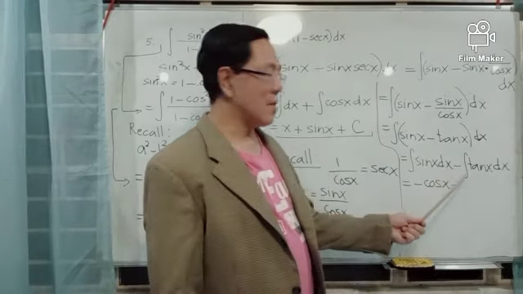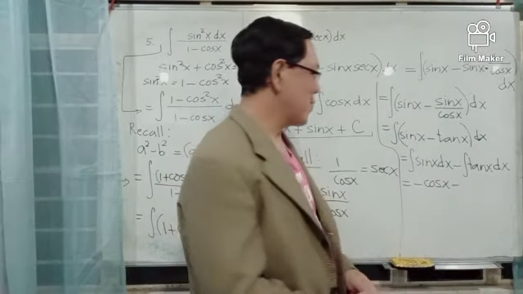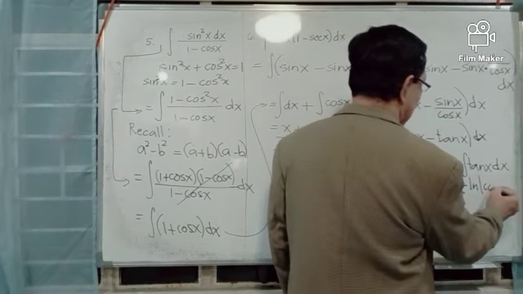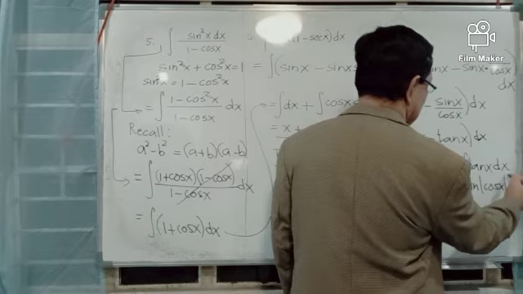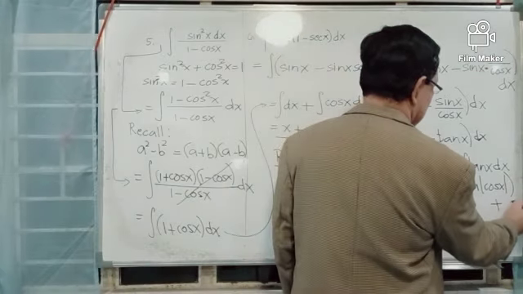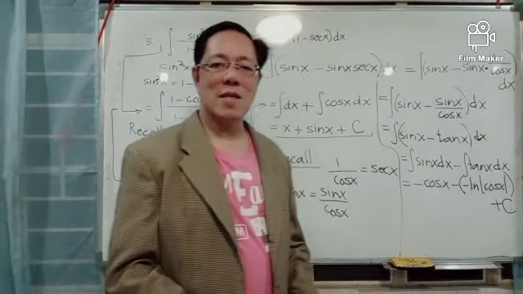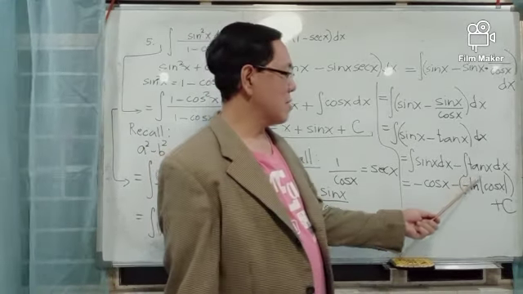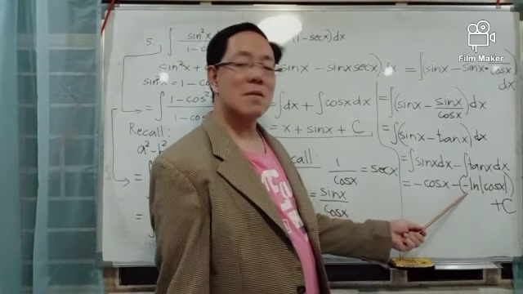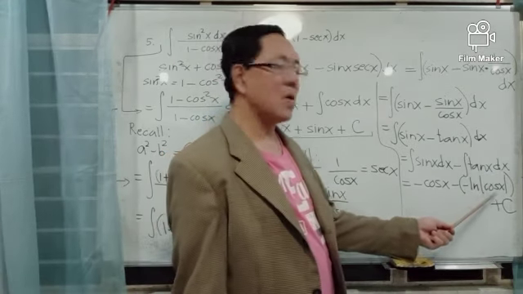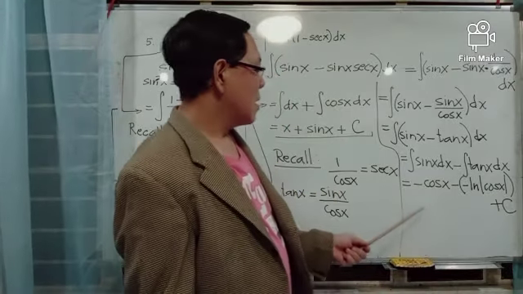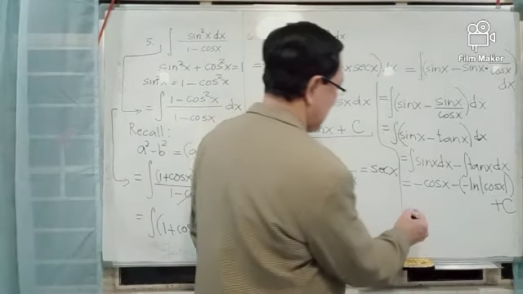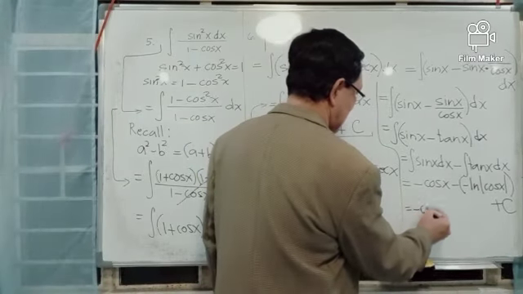We have minus the integral of tangent x, which is negative of ln of the absolute value of cosine x, plus the constant of integration c. Again, for the integral of tangent x with respect to x, I use negative ln of the absolute value of cosine x. And we simplify by multiplying negative and negative. We have negative cosine x.